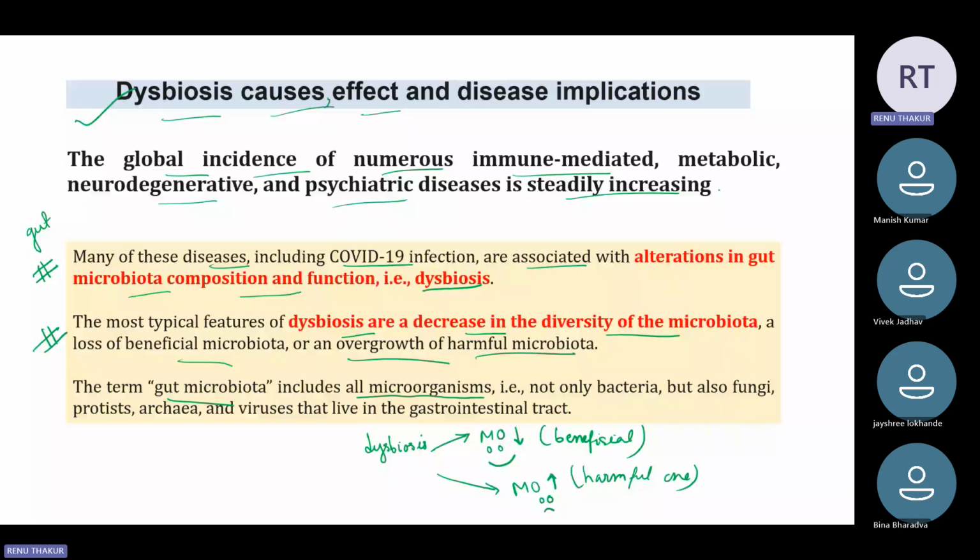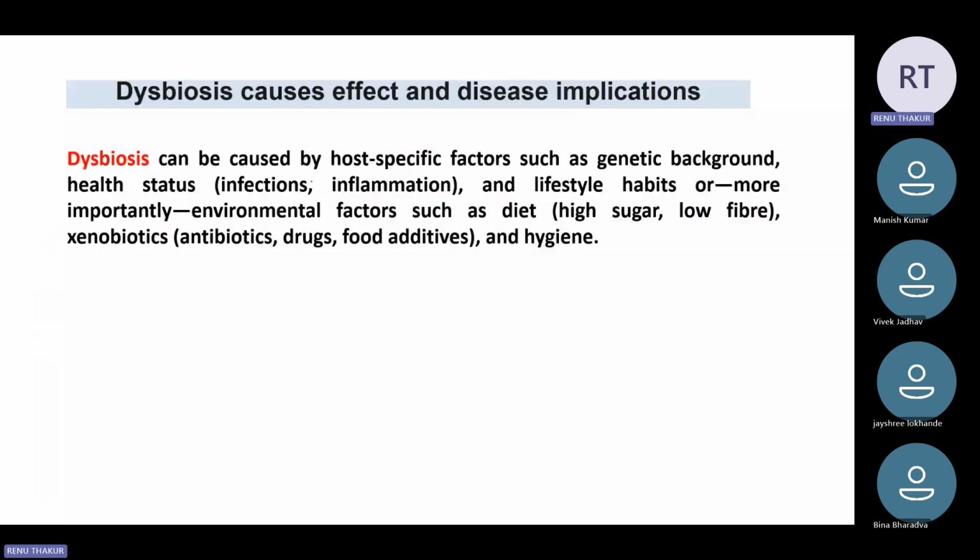So if the composition is A, B, C, D in different proportion, but if it is somehow altered like A, B, B, C, C, D, D, E, F, G, then its normal composition is altered, and this condition is known as dysbiosis. So you can see dysbiosis cause, effect and disease implication in terms of different kinds of diseases.